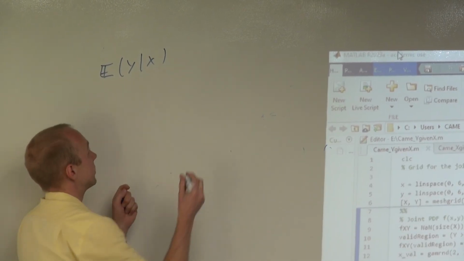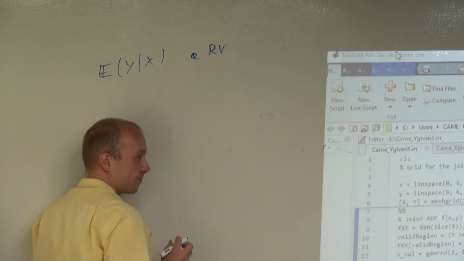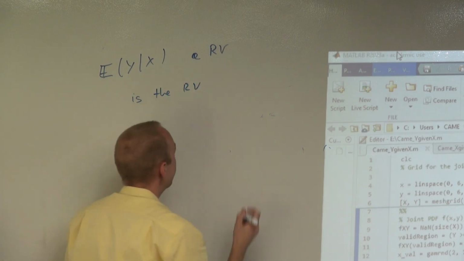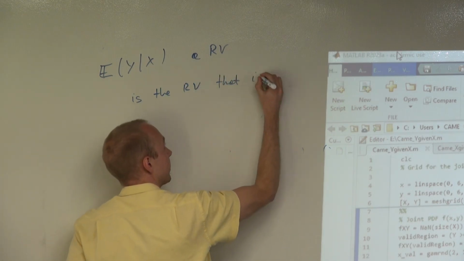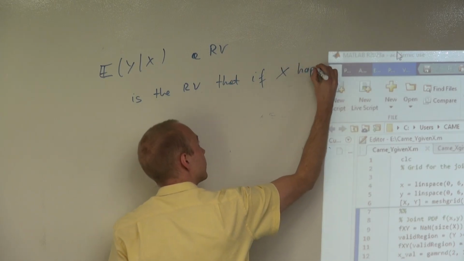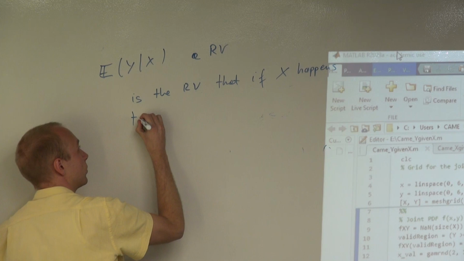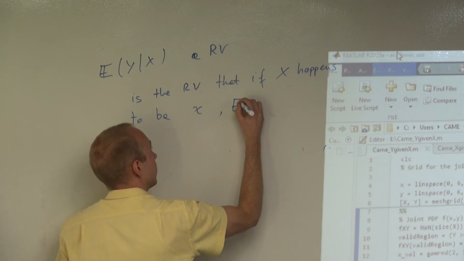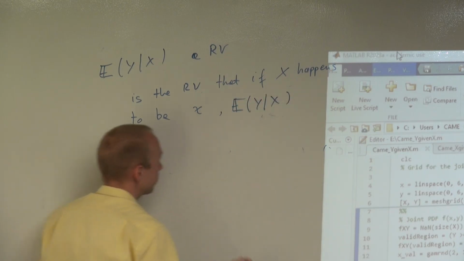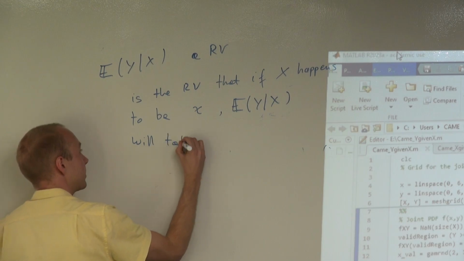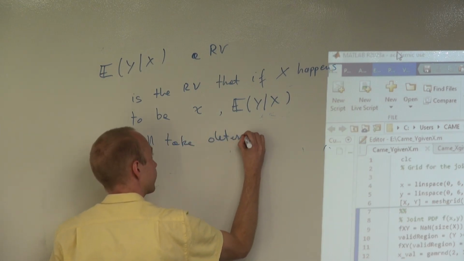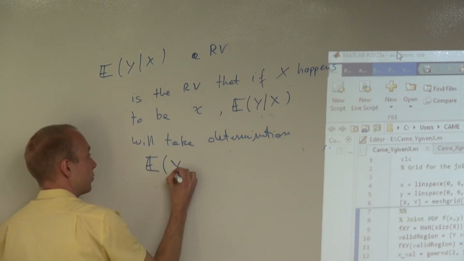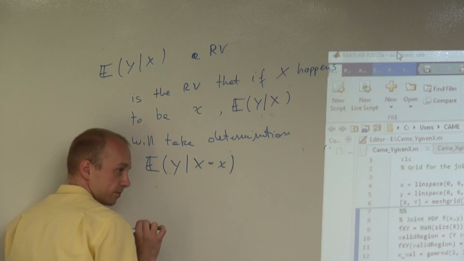So the idea is, this is a random variable. And specifically it is the random variable that, if x happens to be the value x small, will take the determination E of y given that x is x.